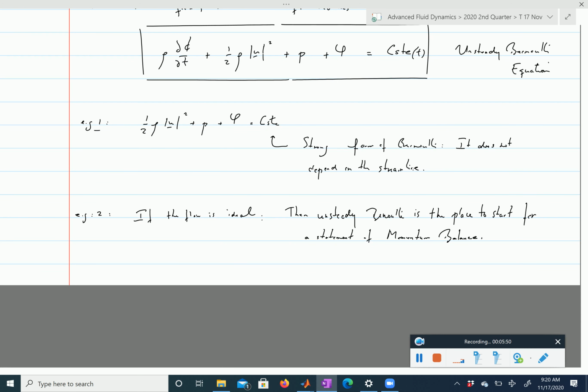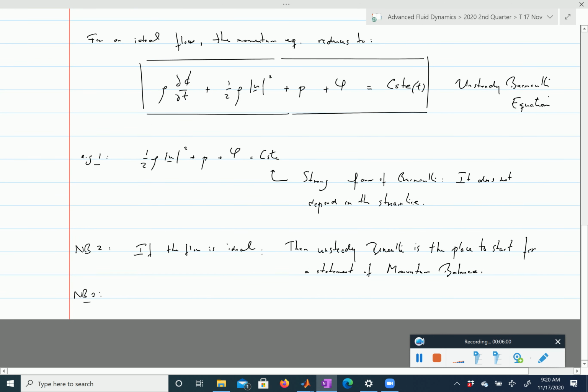All right, the last observation which I want to make is the following. The way you will oftentimes use the unsteady Bernoulli equation is this: if we know what the velocity field is, that means that we will know u squared, and we will know the velocity potential. So if we know these terms, then we know the pressure field.